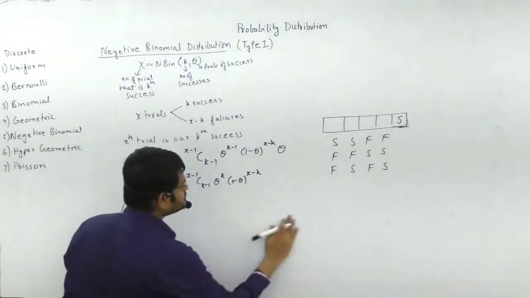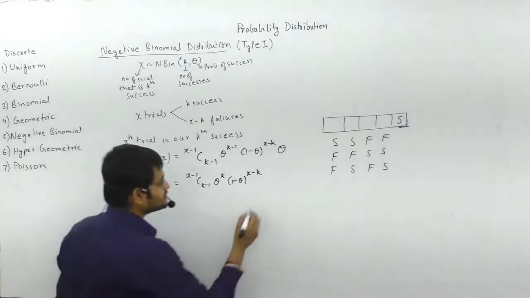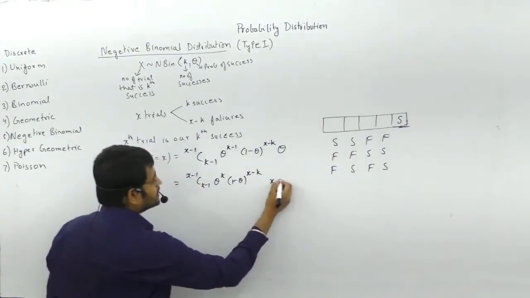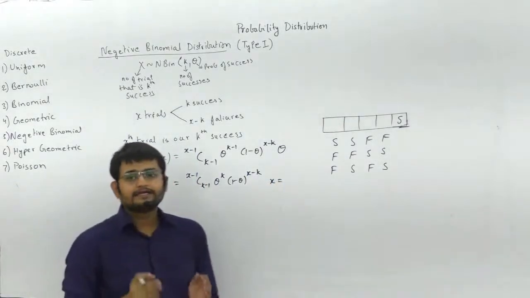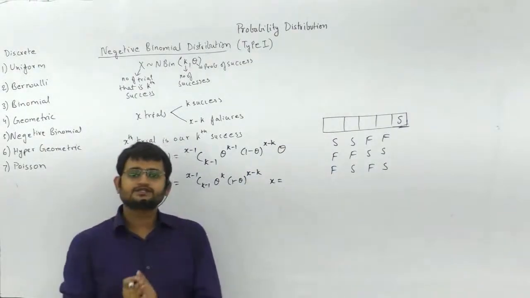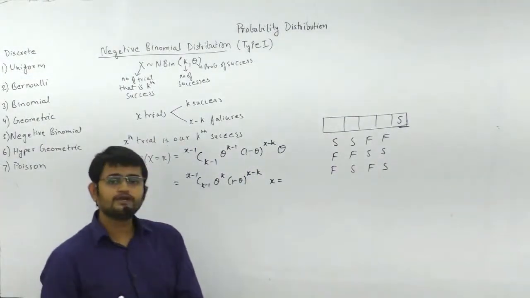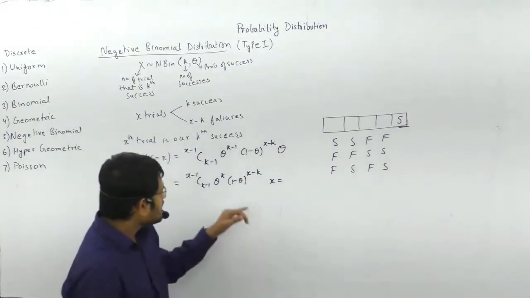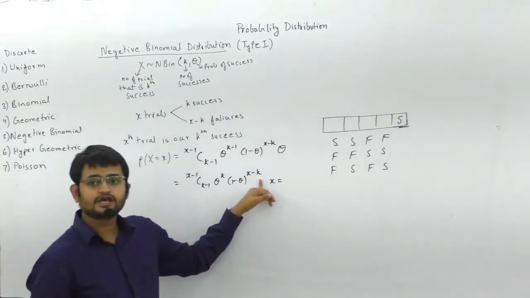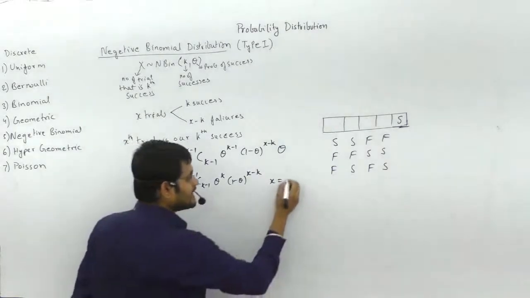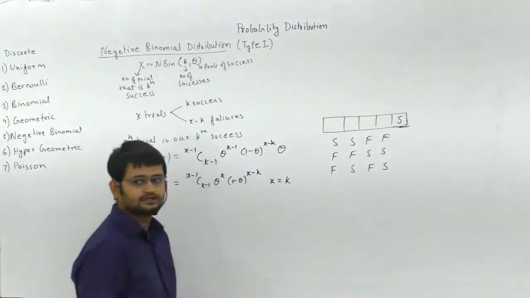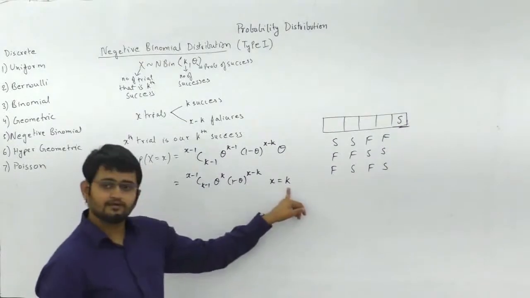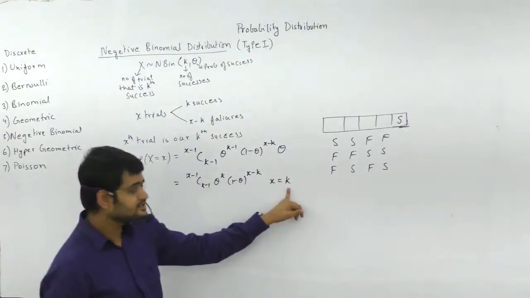Now what are the possible values of X here? For getting k successes, I would need a minimum of how many trials? For k successes and 0 failures, I will need at least k trials. So for k successes, I need at least k trials.